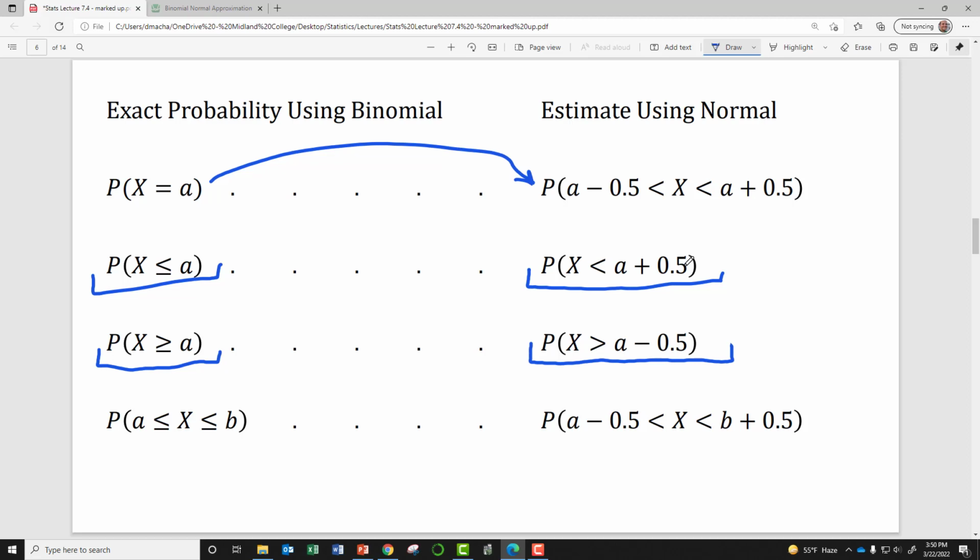If you want the probability that a is less than or equal to your random variable, which is less than or equal to your upper bound b, again, we're going to subtract a half from the lower bound and add a half to the upper bound when we use the normal distribution to approximate it, because it's the same kind of reasoning, right? We want to extend a half in the direction that allows us to take up a little bit more area, because the binomial is discrete, the normal is continuous, and we want the best approximation.